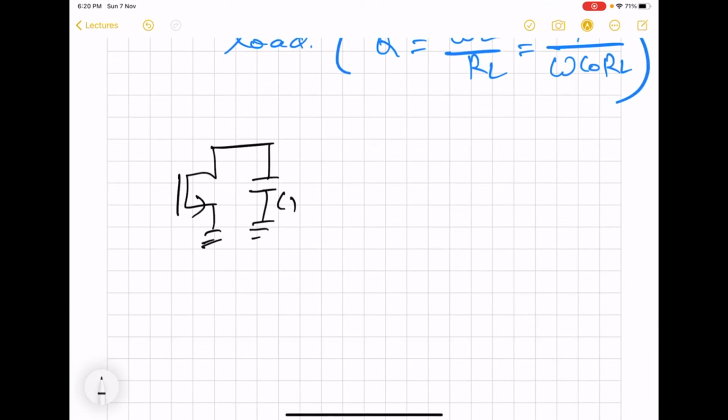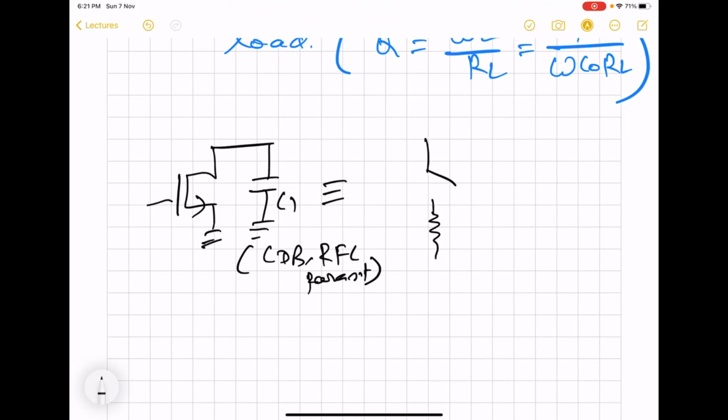Invariably this C1 will be there even if we do not connect any external C, because of CDB and because of RFC parasitics. So if you want to operate this MOS as a switch, then we will have this scenario. And let us briefly include the small resistance offered by this MOS in the on state. So the equivalent circuit now is going to be like this.